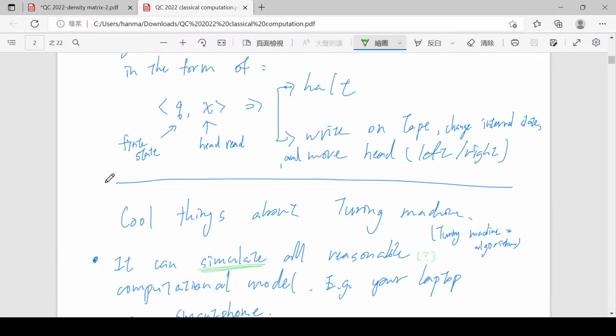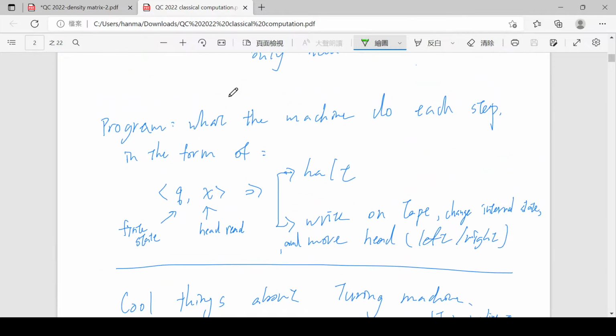Okay. So the program is a list of things that says what the machine should do on every clock cycle.